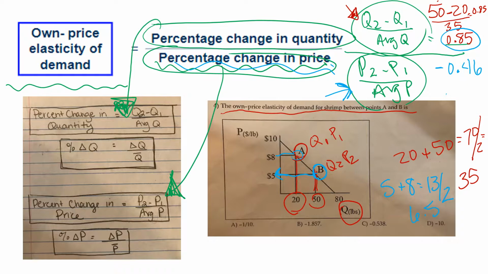So now we're going to take 0.85 and divide that by negative 0.46, and we're going to get negative 0.39.